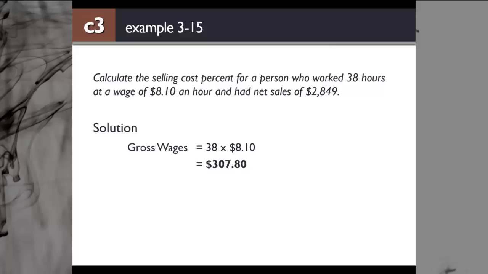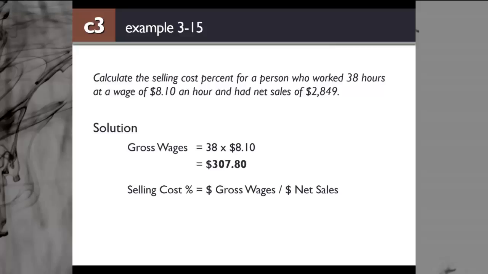So this is easy, right? And now you have to calculate the selling cost percentage. Now you know both gross wages in dollars and net sales in dollars, so you can calculate it. The wages, 307.8, go on top, and you divide it by the net sales, 2,849.